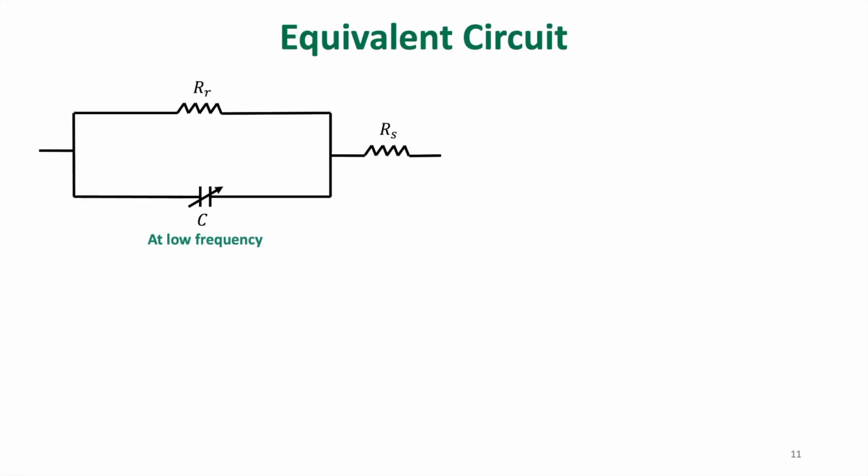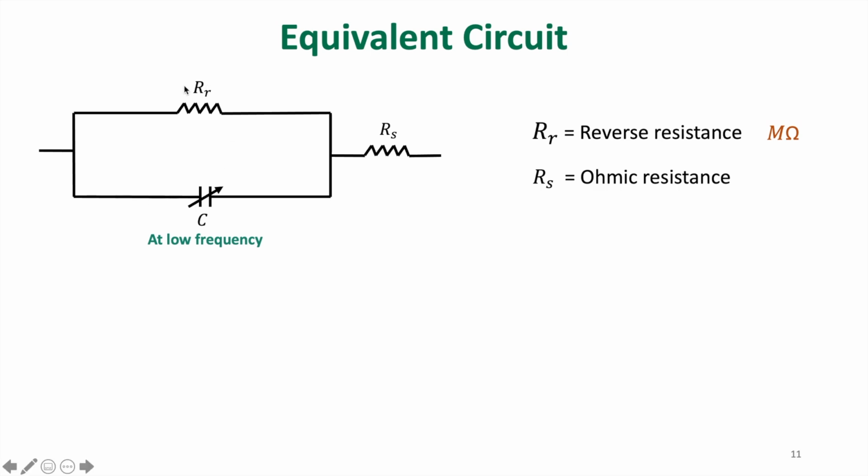So the equivalent circuit of the varactor diode looks like this. Here RR is the reverse resistance of diode and RS represents the ohmic resistance. Usually the value of RR should be in megaohms because during the reverse bias condition only leakage current or reverse current flows through the diode.